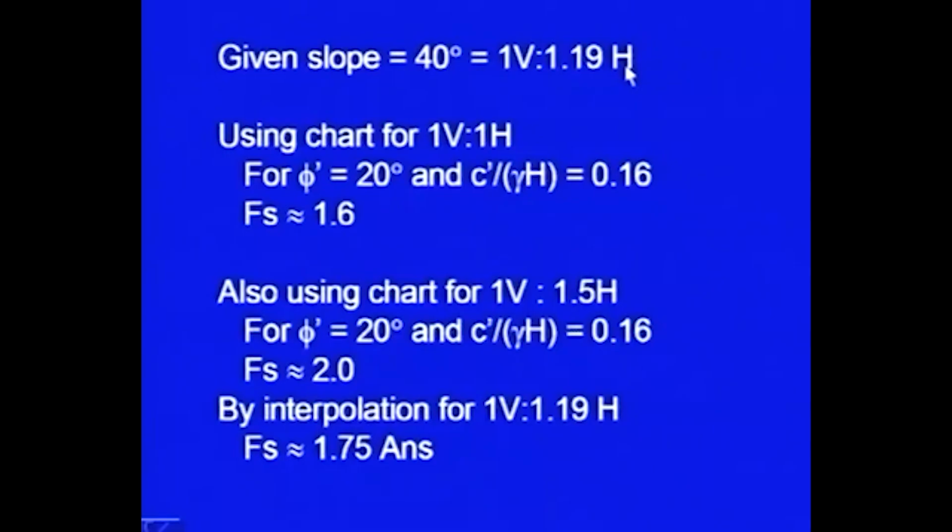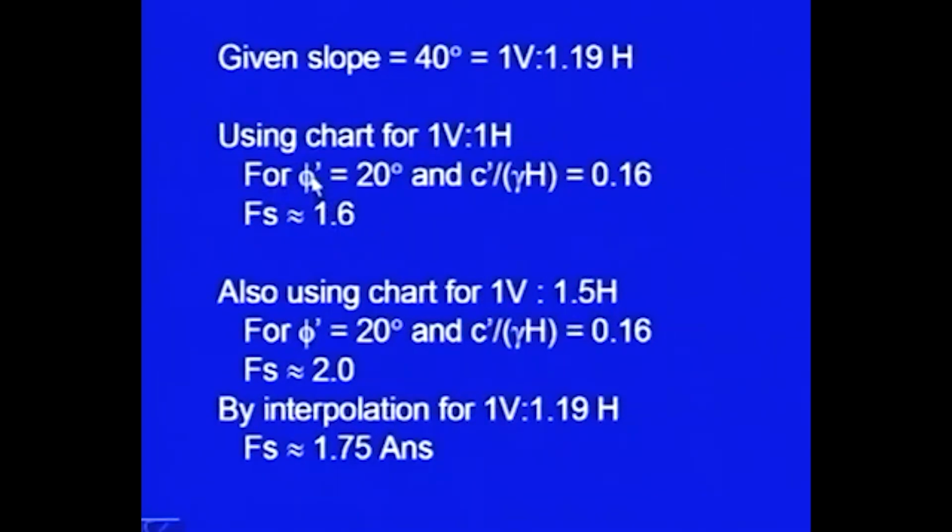So, we will have to do interpolation because we do not have directly this curve, but the curves available with us are 1 vertical to 1 horizontal and 1 vertical to 1.5 horizontal. So, let us use both of them and then we will interpolate the values.